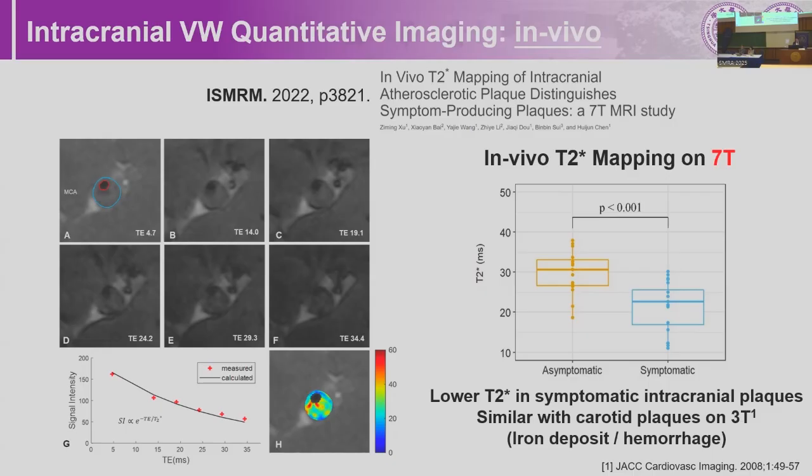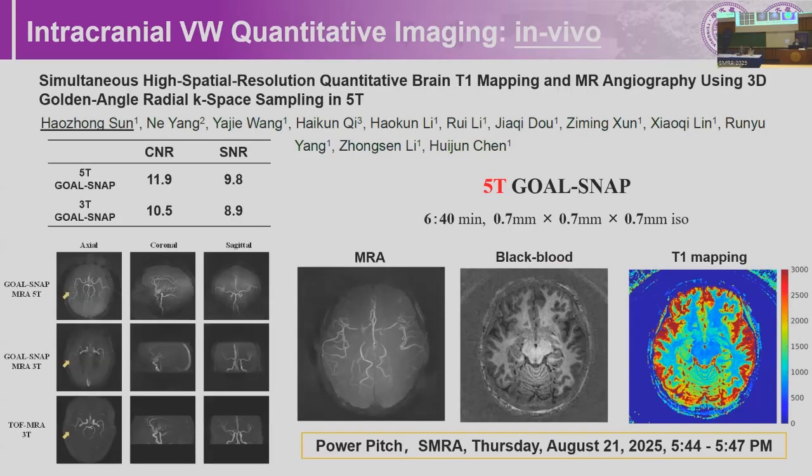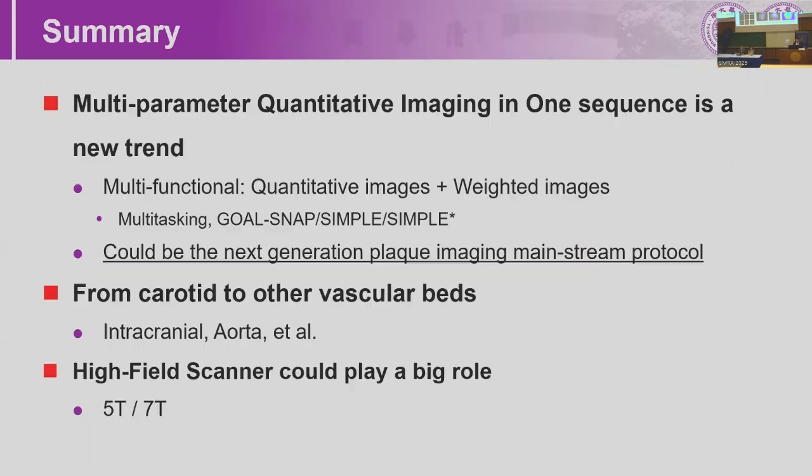As you can see, on 7T the intracranial plaque can be seen very clearly because of the higher resolution. And this is our initial attempt at a 5T GoSNAP sequence. This is just the initial investigation, and it will be presented in the following power pitch in this session.